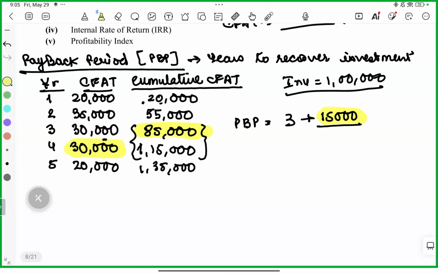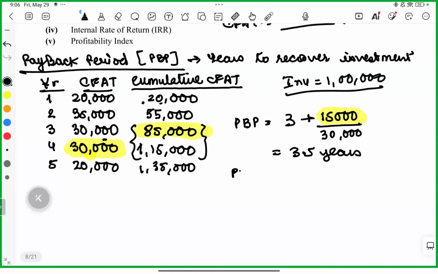So out of the 30,000 of year 4, 15,000 is for the basic investment. So you have to recover 15,000 from 30,000 in year 4. So your answer will be 3.5 years. Basically, you will receive your investment of 1 lakh rupees in 3.5 years.